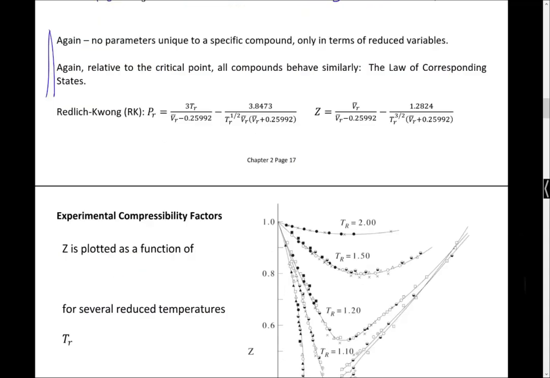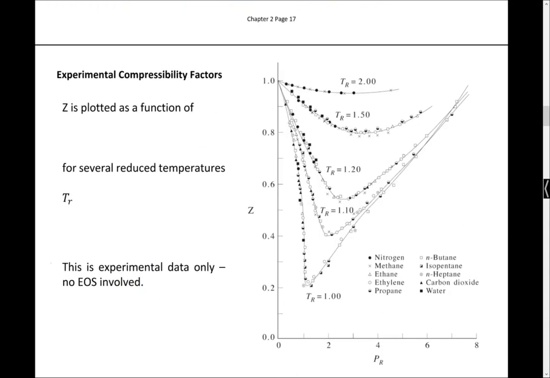Similarly, we get a result for the compressibility factor. All right, so everything that we've talked about up to this point has been about equations of state. We should stop and say, well, what about experimentally? What do we expect to see experimentally? So this graph shows the compressibility factor as a function of the reduced pressure for a variety of different reduced temperatures.